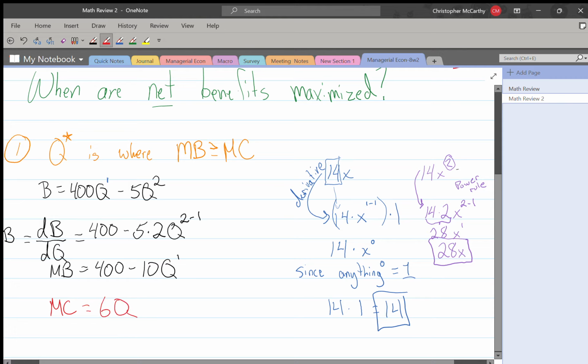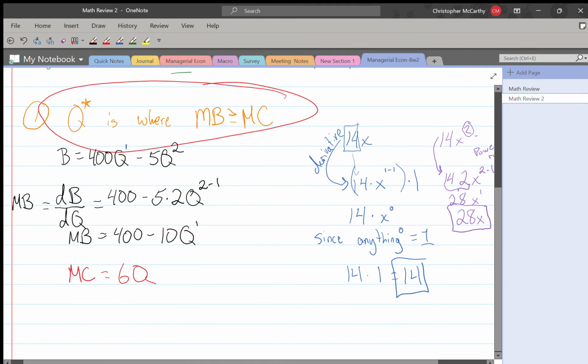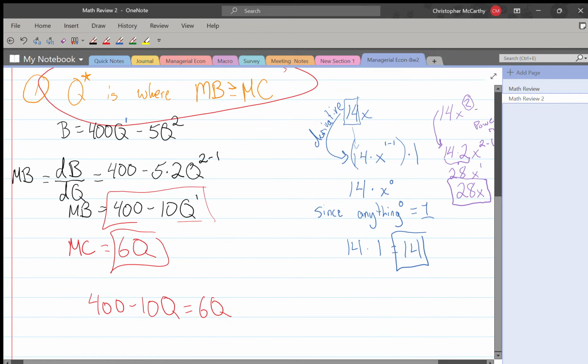So this optimal allocation rule tells me that I just need to set these two things equal to each other. So I'm going to set this and this equal to each other. So we have 400 minus 10q is equal to 6q. We're going to go ahead and add 10q to each side.